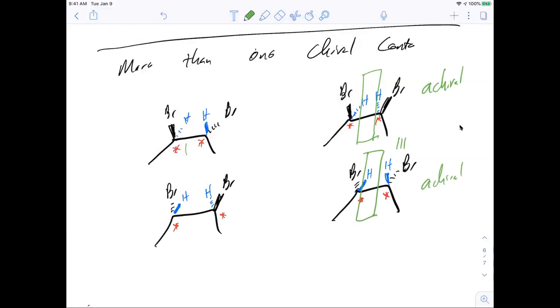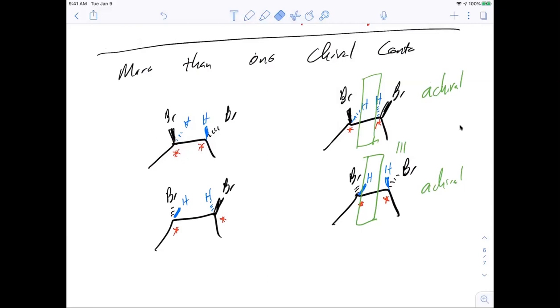We can't draw a mirror plane in the other set, but we can draw a mirror plane what? Between the two, right? So these two are mirror images of each other. So it kind of goes like that. Right, there's a mirror plane there. If you can find a mirror plane between 2 molecules, those are called enantiomers.